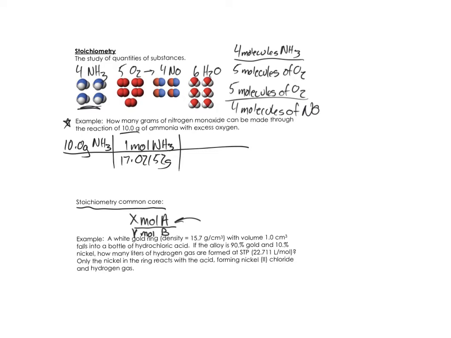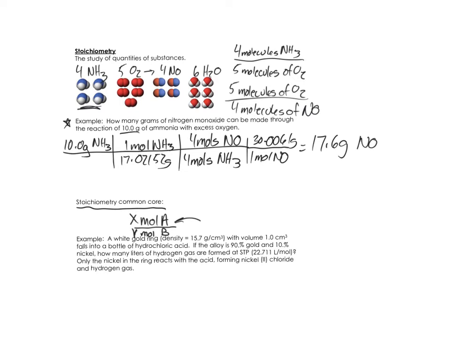And then using the mole-to-mole ratio from the common core above, I have 4 moles of NH3 to 4 moles NO. And then I want to know how many grams of nitrogen monoxide I make, so I need to go through the molar mass again. 1 mole NO to 30.0061 grams. Multiply across the top, divide by the bottom, and I have 17.6 grams nitrogen monoxide.